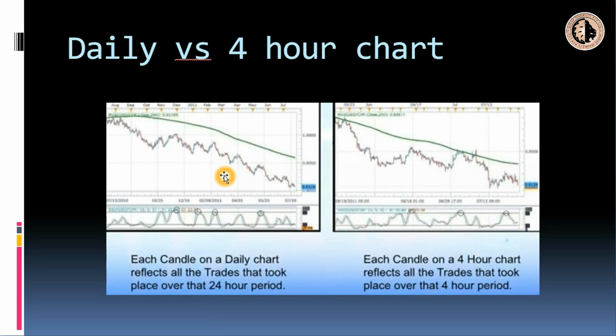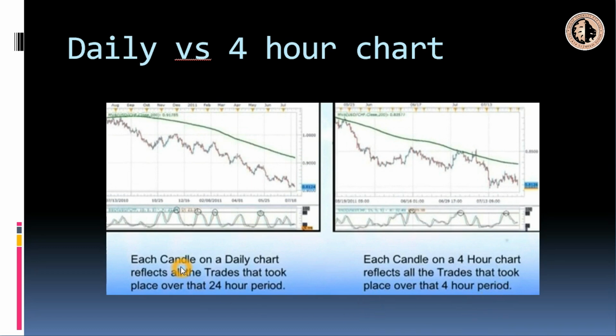You can see that very clearly here as well, the daily versus the 4-hour chart. Each candle on the daily chart reflects all the trades that took place over that 24-hour period, and each candle on a 4-hour chart reflects all the trades that took place over that 4-hour period.